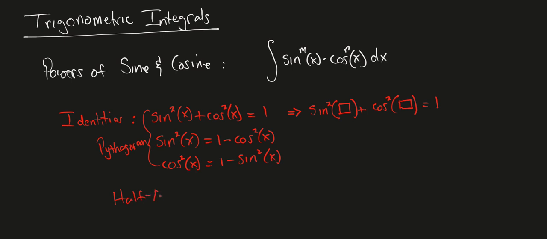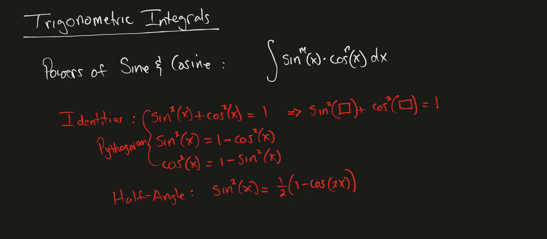So here are some half angle identities, one for sine squared and one for cosine squared. It turns out that sine squared x can be written as 1/2 of 1 minus cosine of 2x. Over here, this power is twice as much as this power, and over here, this angle is twice as much as this angle.